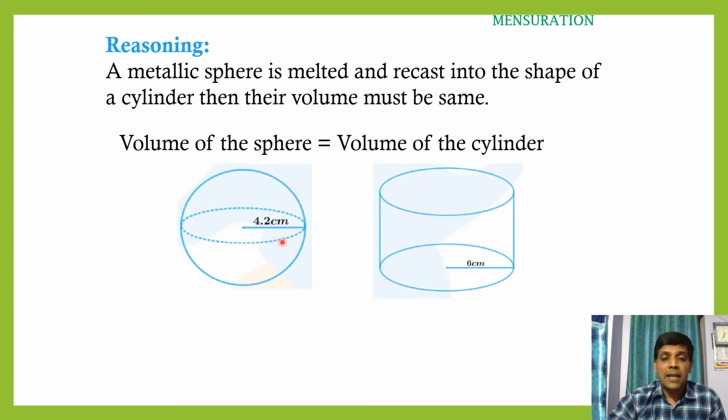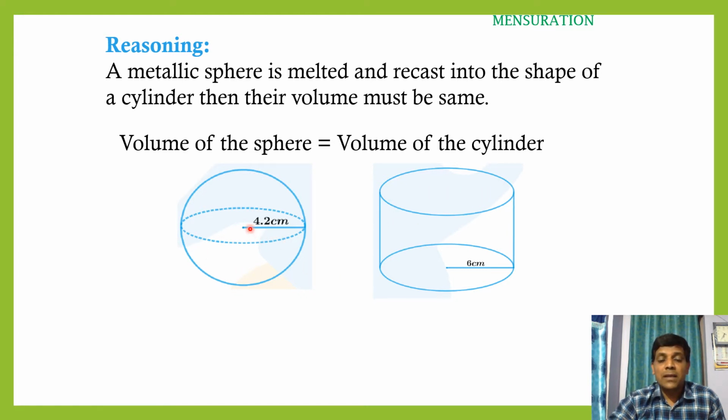So draw the given solids. This is the sphere, radius equals 4.2 centimeters, and the cylinder radius equals 6 centimeters. Now the sphere is melted and recast into cylindrical shape.